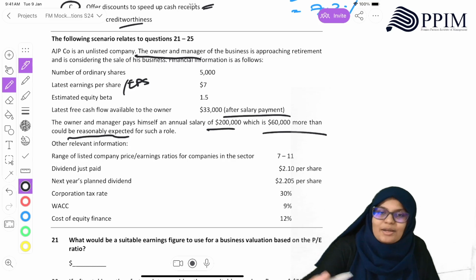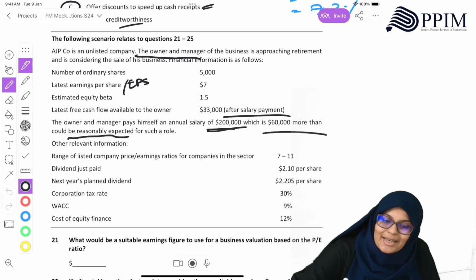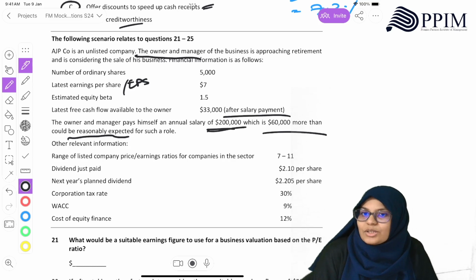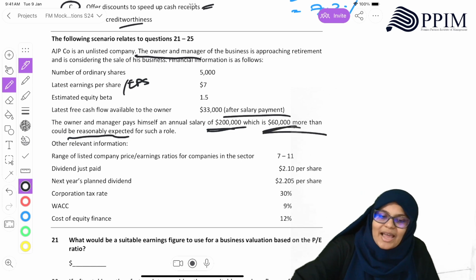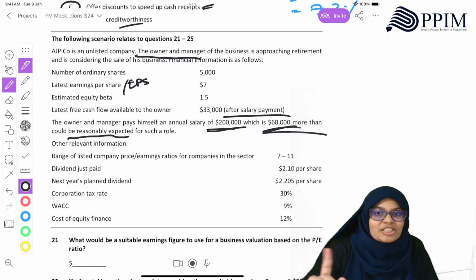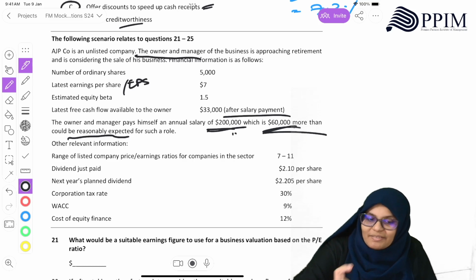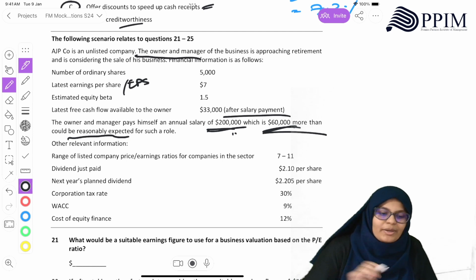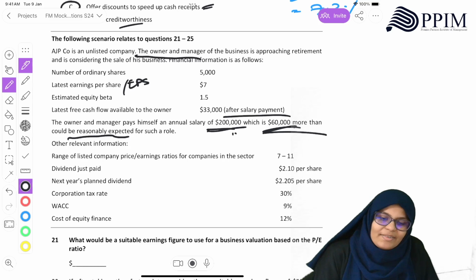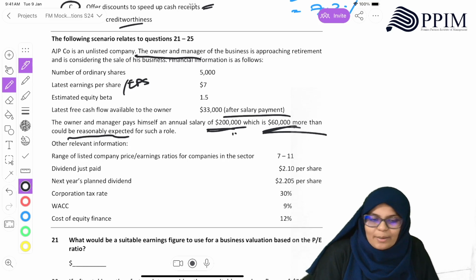But here, because the owner and the manager are the same, he is taking a little extra. He is taking 60,000 more. So this 60,000 actually belongs to the shareholder in future, because in the future we won't pay this amount. We will only pay 140,000. Other relevant information: range of listed company PE ratios for companies in this sector.